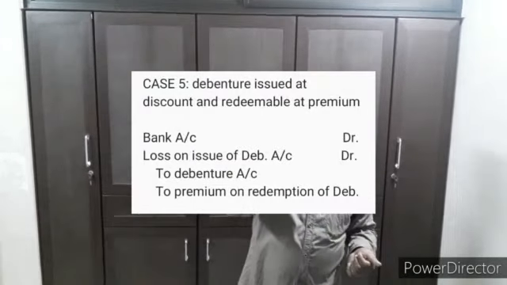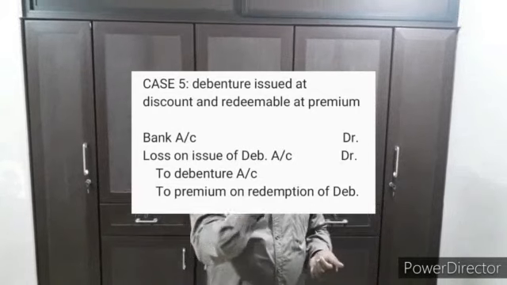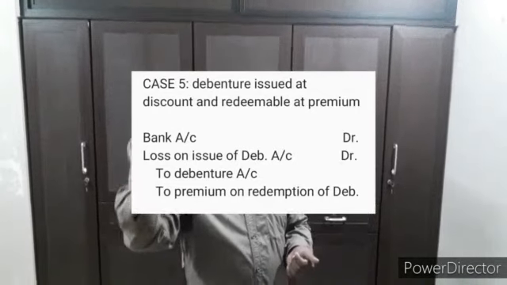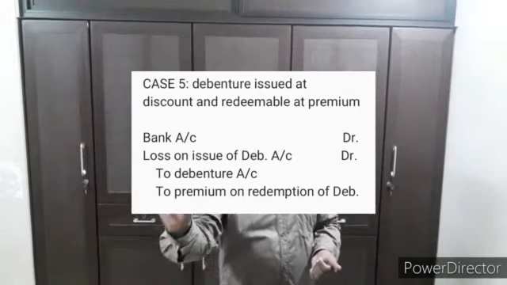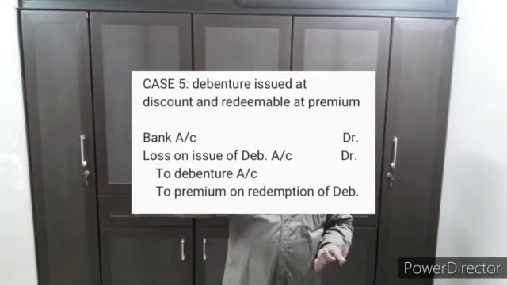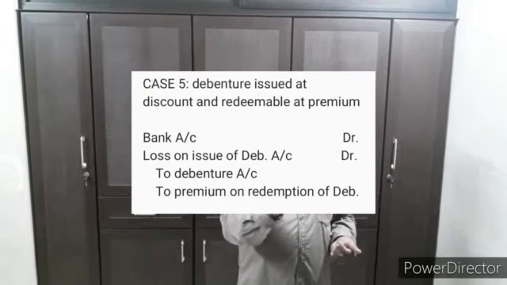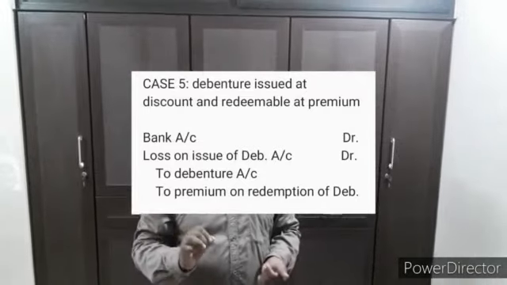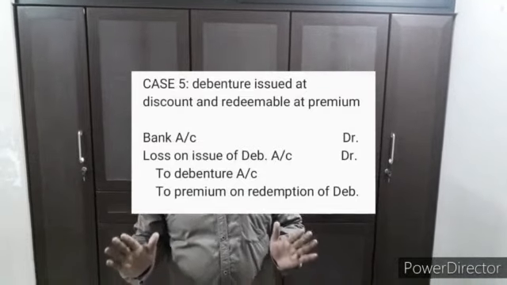Bank account debtor 95 rupees, loss on issue of debenture account debtor 10 rupees, to debenture, the face value of debenture, that is 100 rupees, and to premium on redemption of debenture rupees 5. Once again, bank account rupees 95, loss on issue of debenture account debtor 10 rupees, to debenture 100 rupees, to premium on redemption of debenture 5 rupees.